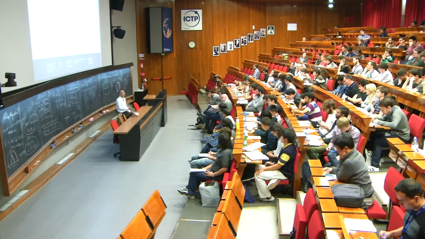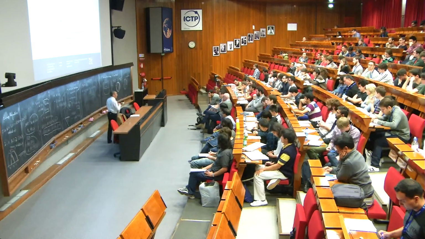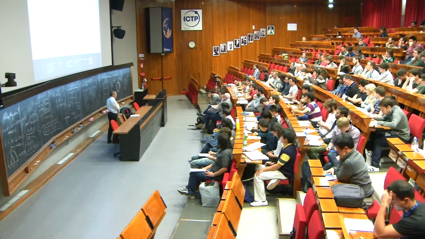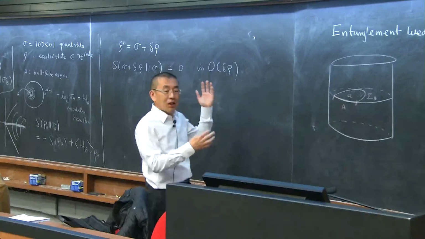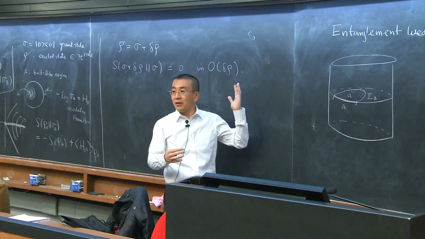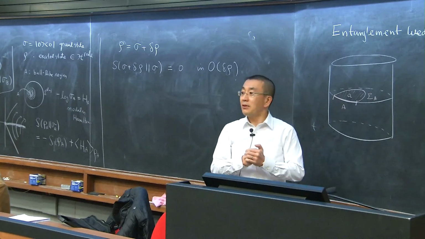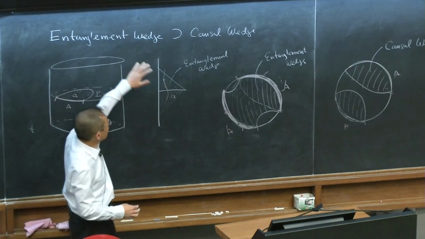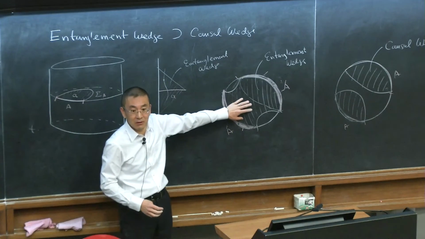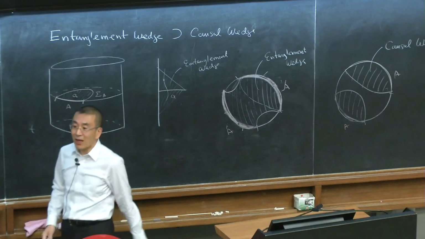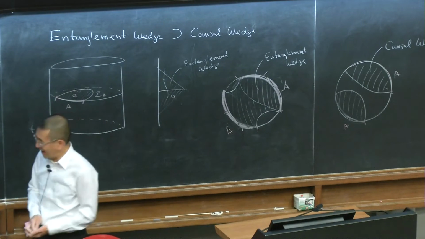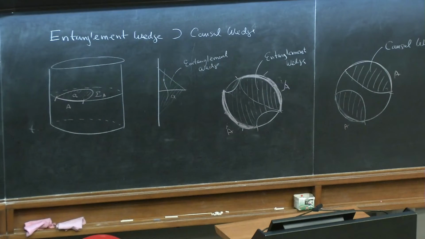But I do want to mention one more thing, which is one of the main things I wanted to convey: this type of entanglement entropy inequality and equality actually gives you a conceptual reason why this reconstruction of the bulk works. So let me try to end this lecture by explaining the basic idea.